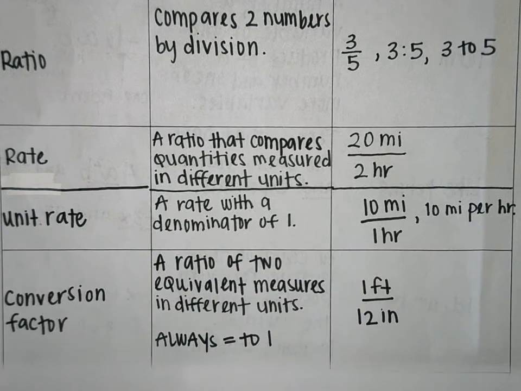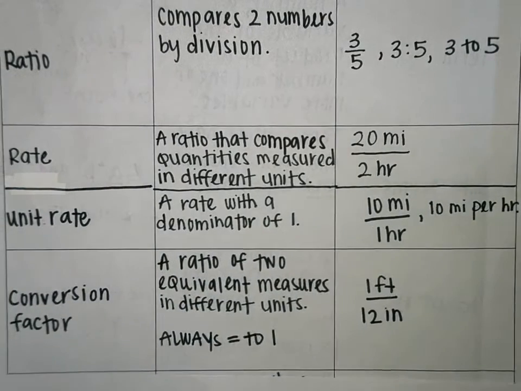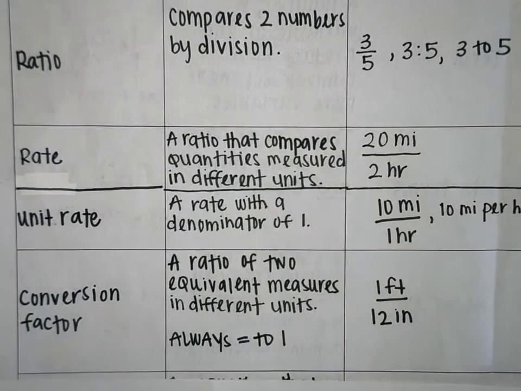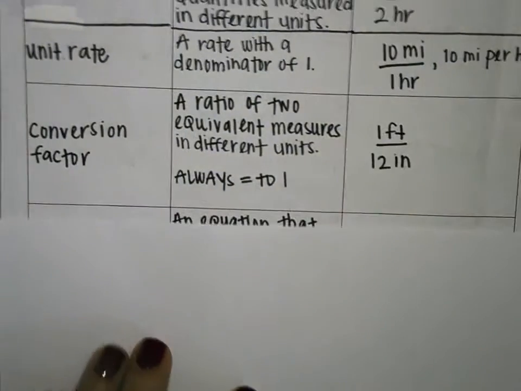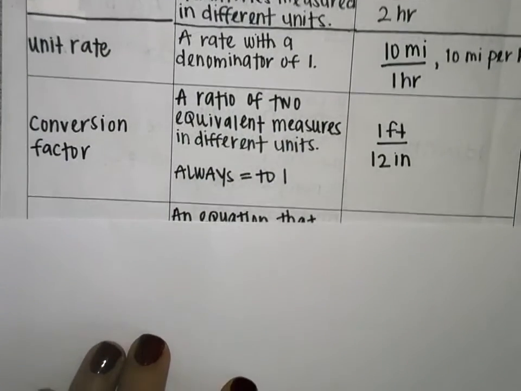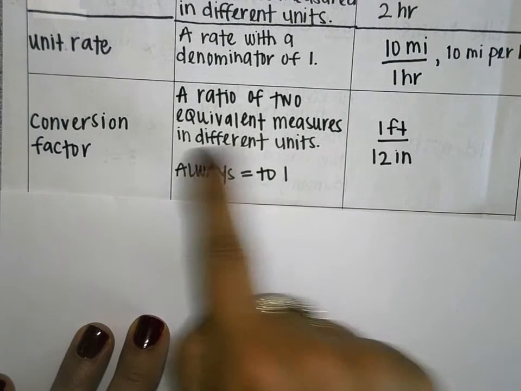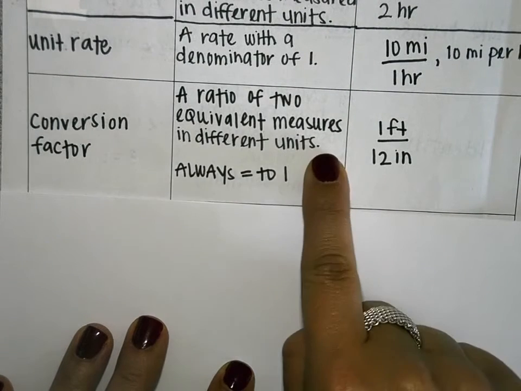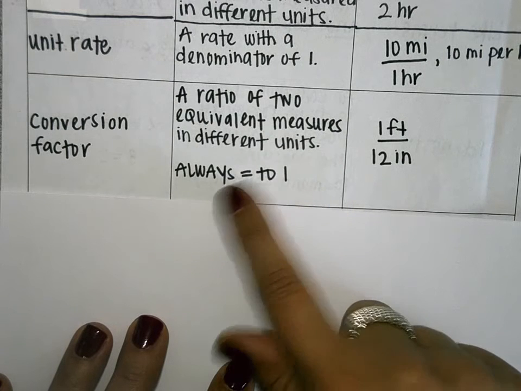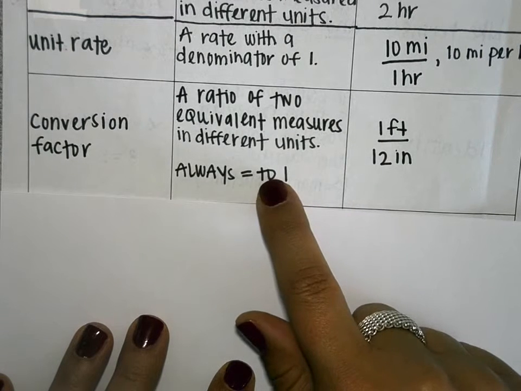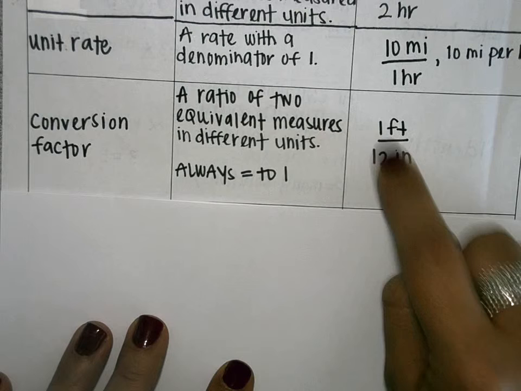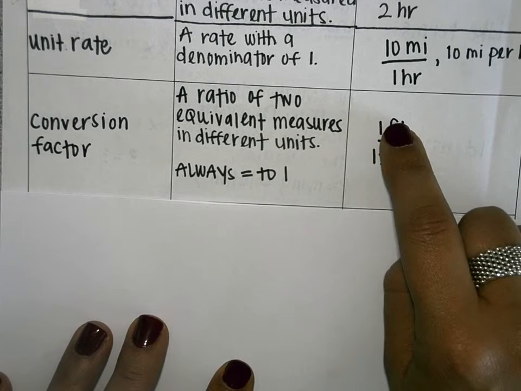Our last vocabulary word for today is conversion factor. A conversion factor is a ratio of two equivalent measures in different units. One of them should always be equal to 1. So for example, there is 12 inches in 1 foot.